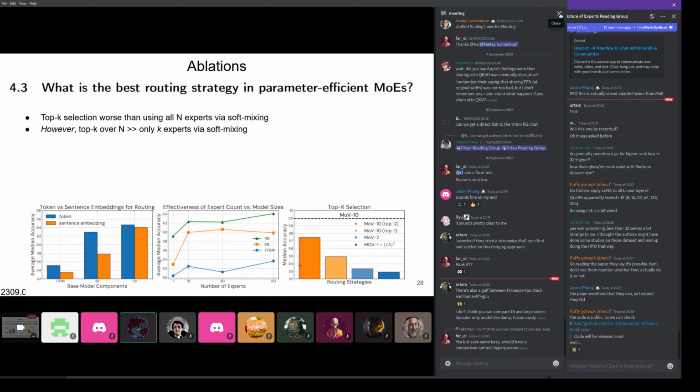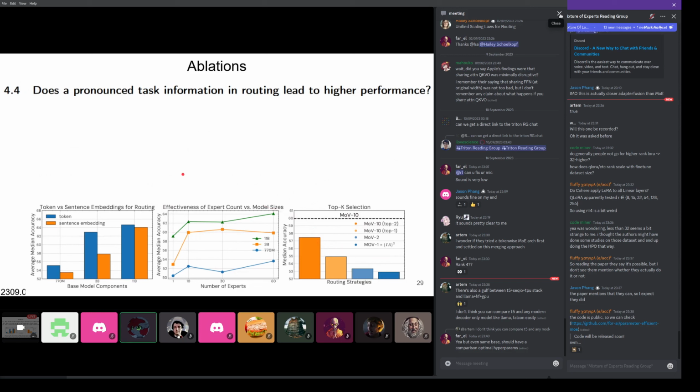So if for some reason you want to reduce the computational budget of your adapters, but you also don't care about the compute that you put into the main weights of the model, which are going to be way, way bigger, you can use top K selection, but it's not really that useful.